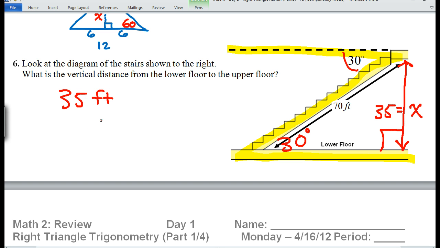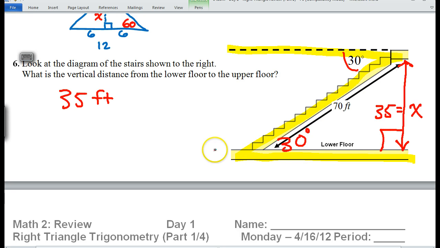The hypotenuse is double the short leg. The stairs are the hypotenuse. So we do half to get the short leg. Oh, I got it. Do you see it? Yeah, sorry. The vertical distance, that is the short leg. So once we take that half, we're done.